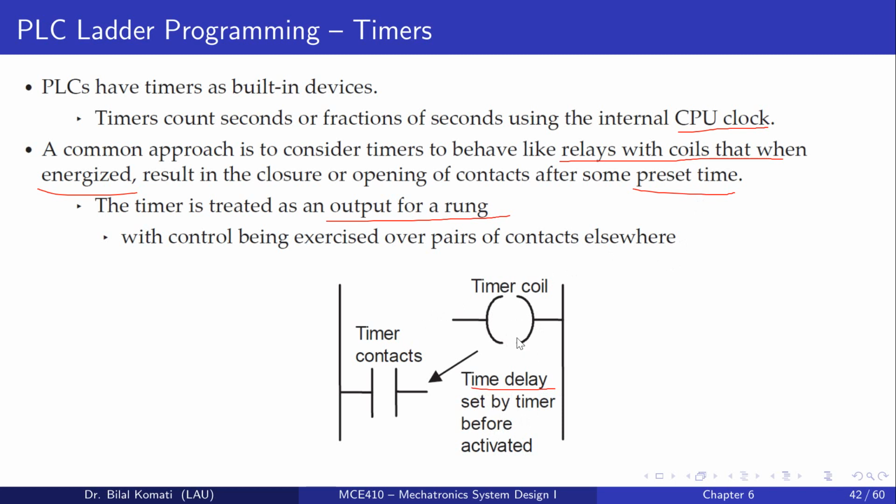For example, we can say after 3 seconds, we will preset the time as 3 seconds, and once we activate the timer, the timer is energized. So it's similar to any relay, but instead of turning on the input instantaneously, we will turn it on after some time, after the preset time is finished. So it will give the output after the time is finished.